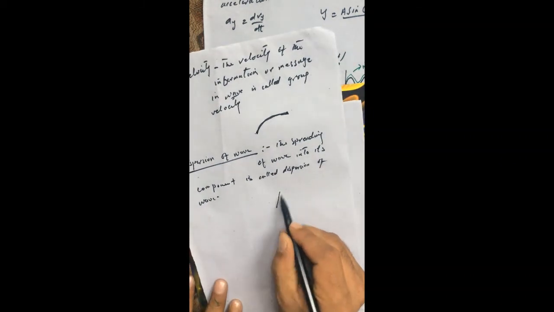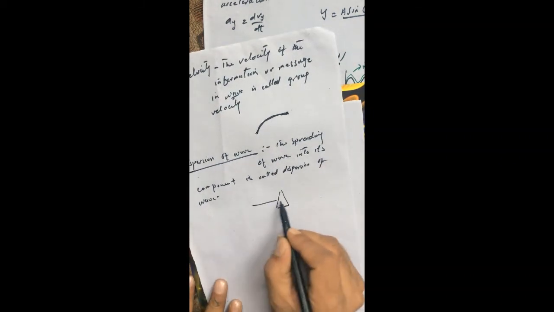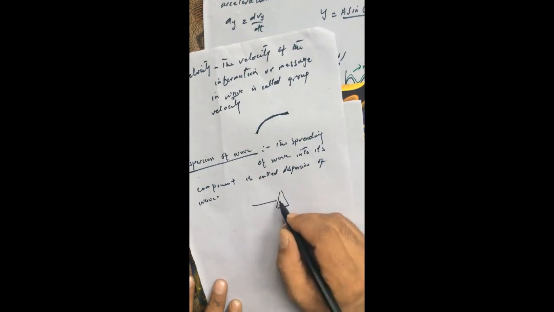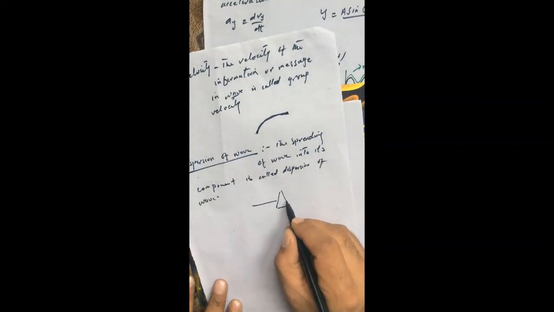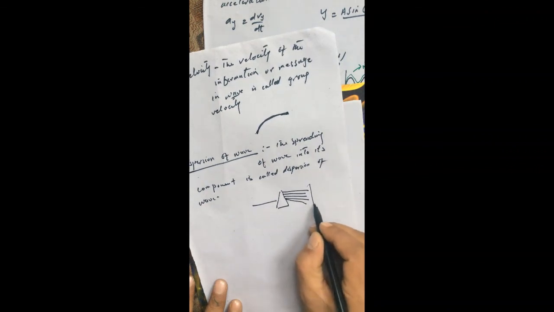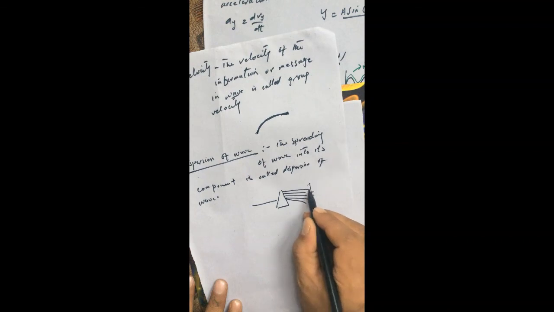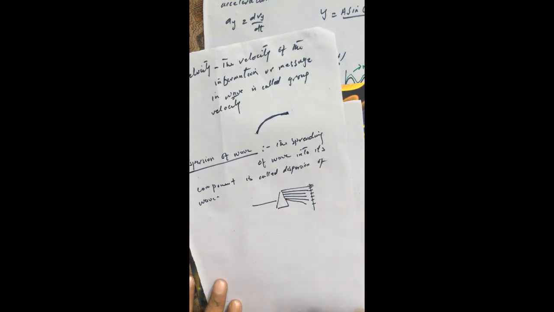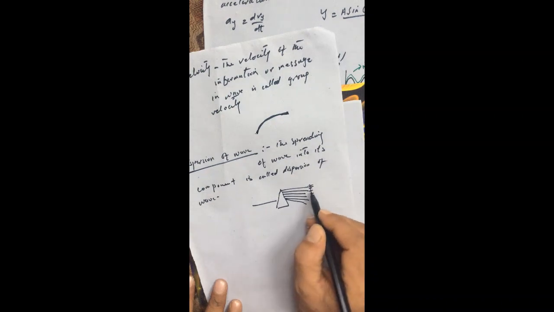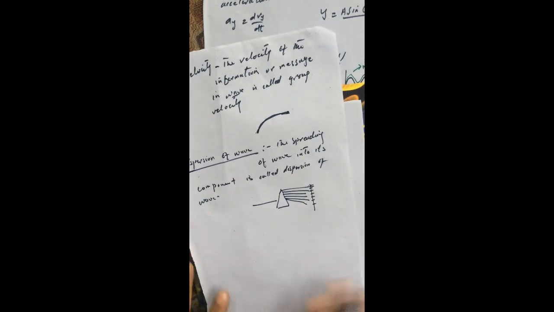Like if we pass white light through a prism, then this white light is spread, divided into 7 different colors. We see 7 colors on the screen. So this division of light into its components is called dispersion of wave.